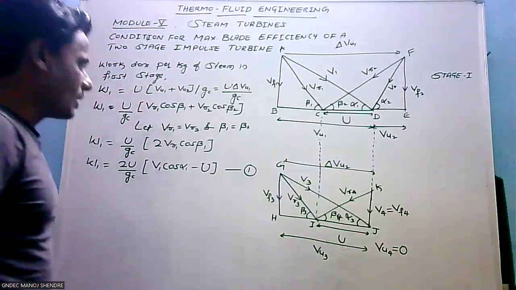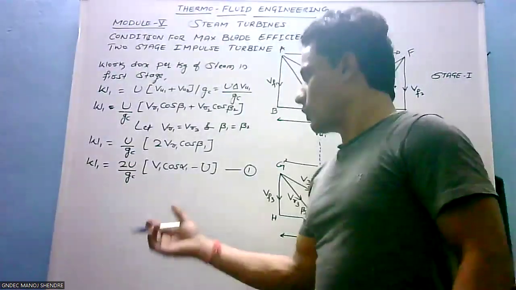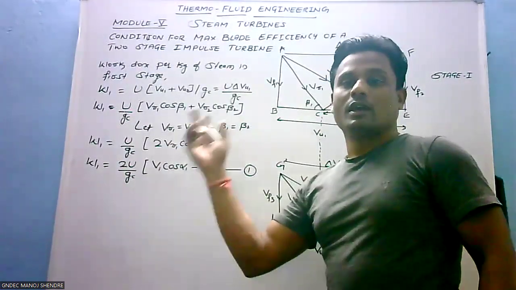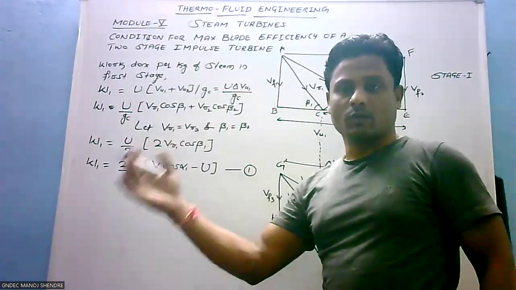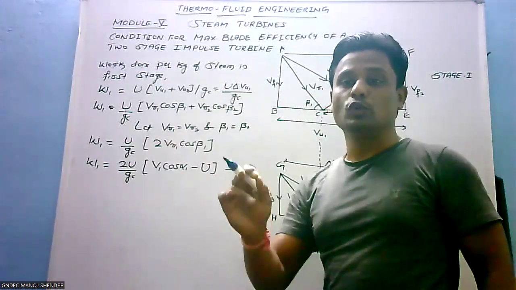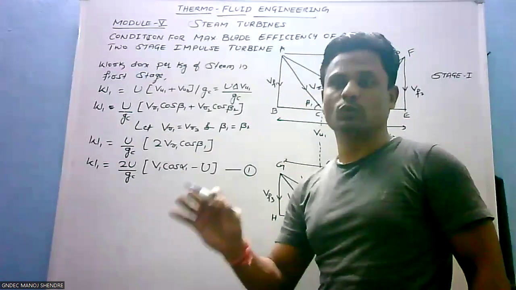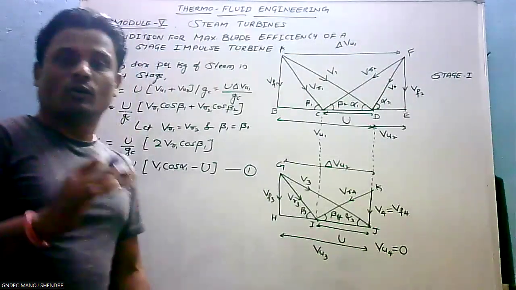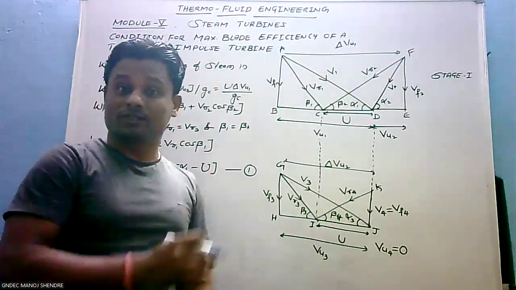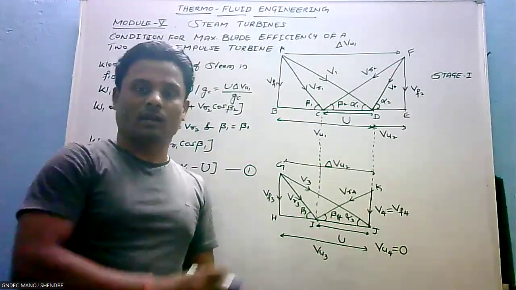Now similarly, while dealing with the second stage, this is the work obtained from the first stage. We have to obtain all the equations, that is equation number 1 and equation number 2, in terms of V1, alpha 1 and U. Let us obtain the work done for the second stage in terms of again V1, U and alpha.